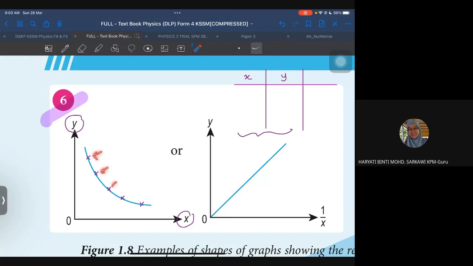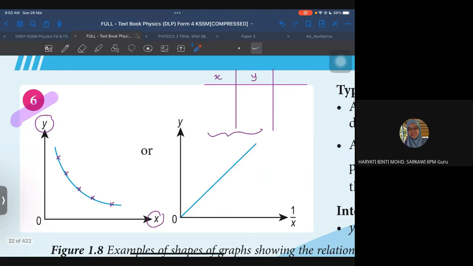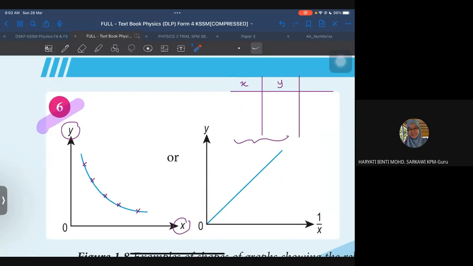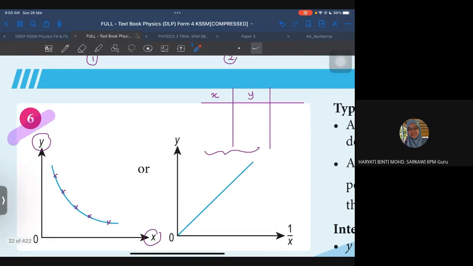Okay, like that. So let's say you calculate the value of 1 over x, exactly the same values here, but you calculate 1 divided by x. Let's say here is 2, 4, 6, 8, 10. Can you help me to calculate 1 over x? 1 divided by 2? Okay, 0.5.